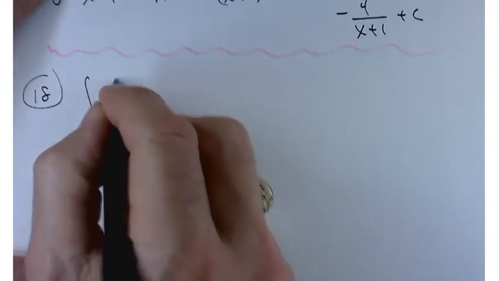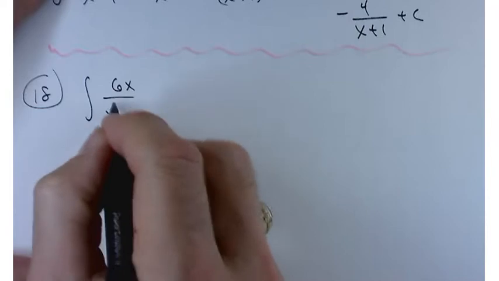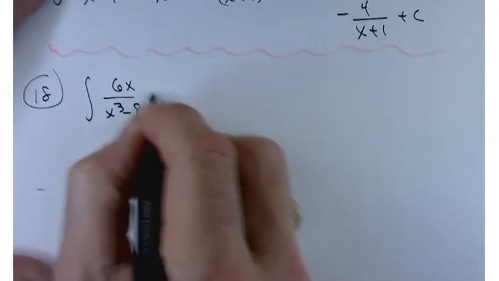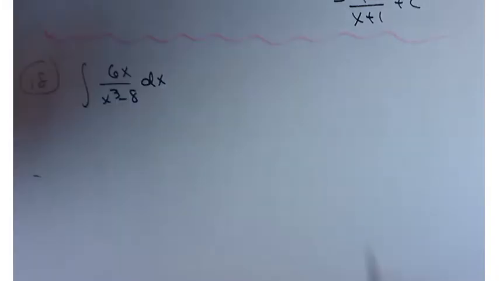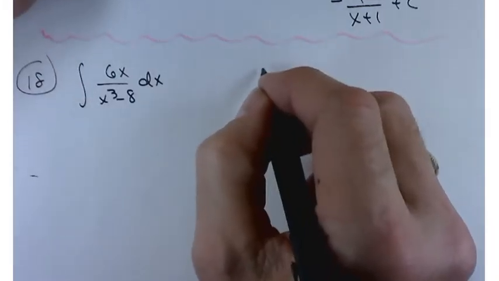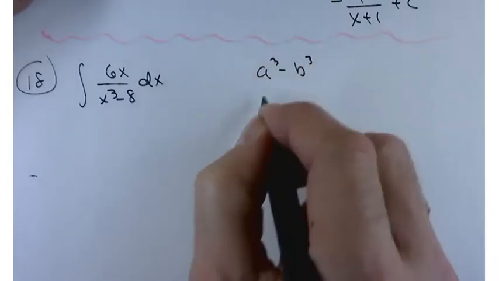The integral of 6x over x cubed minus 8 dx. Now the unfortunate part for us is that I think a lot of people will forget how to factor the denominator. So off to the side here, let me remind you of the difference of cubes factorization.